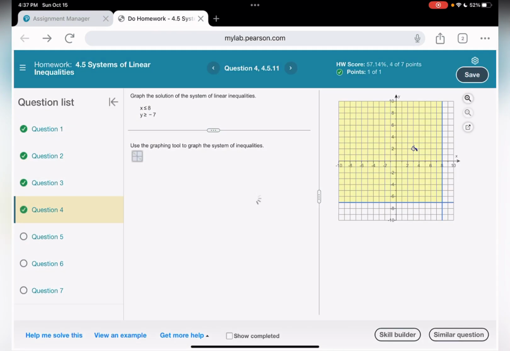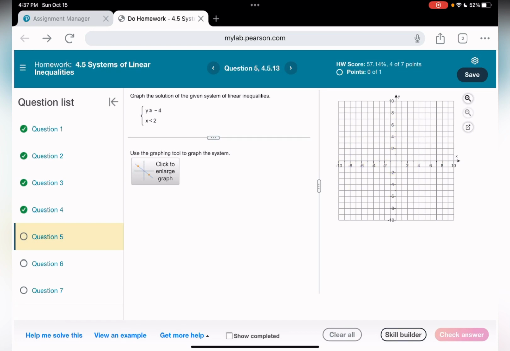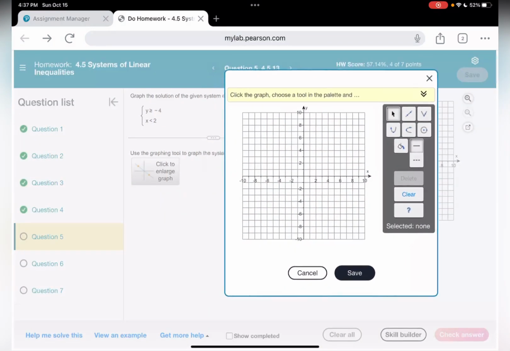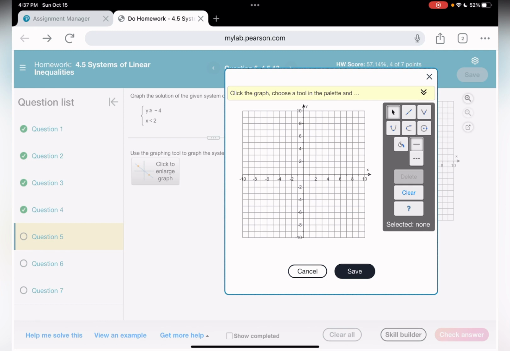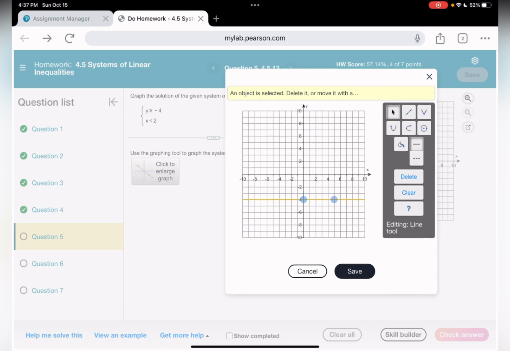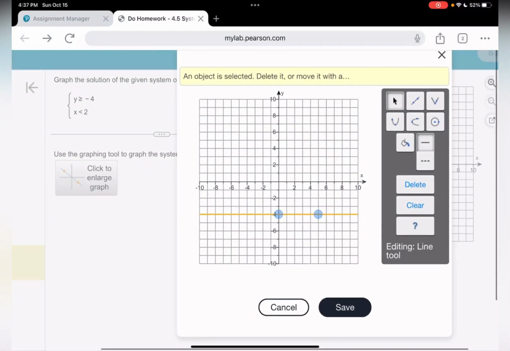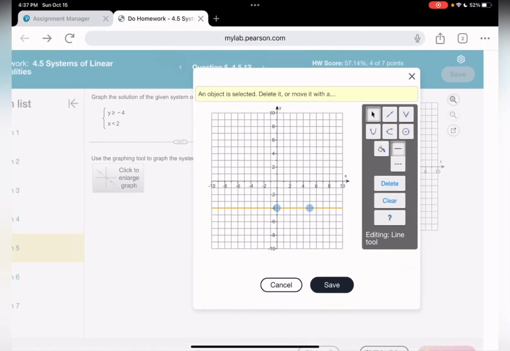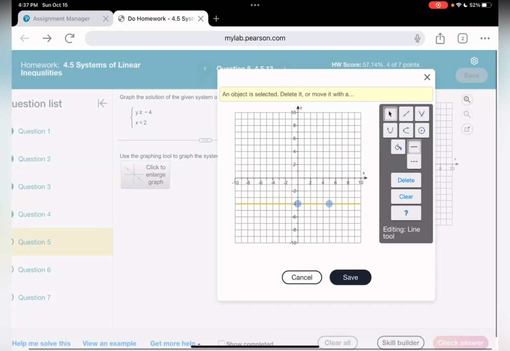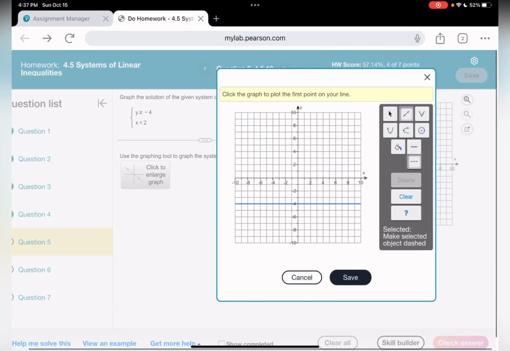Question number 5. Okay, one more. Y greater than or equal to negative 4. This is negative 4. And the other one is x less than 2, and it is going to be dashes.